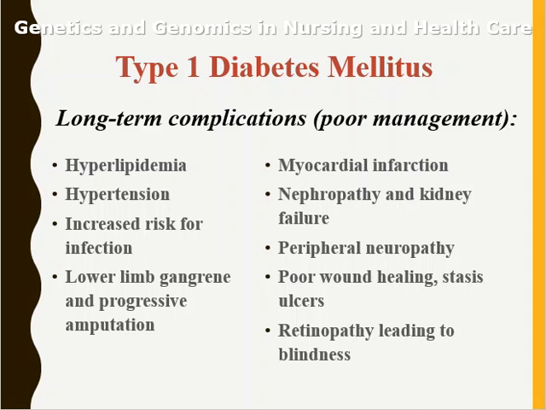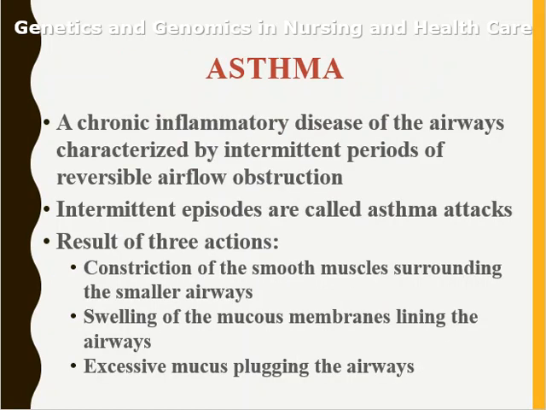Ultimately, the cardiac complications lead to an MI. We know about the neuropathy and nephropathy, kidney failure, the wound healing complications, and then, of course, their increased risk for infection. Okay, so that's the skinny on diabetes type 1.